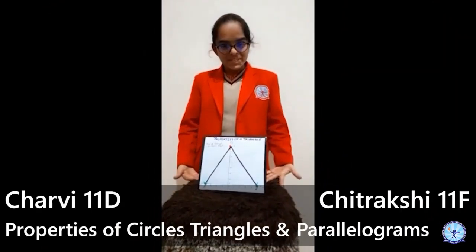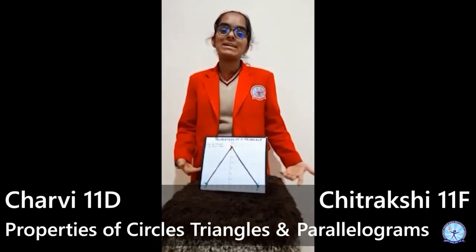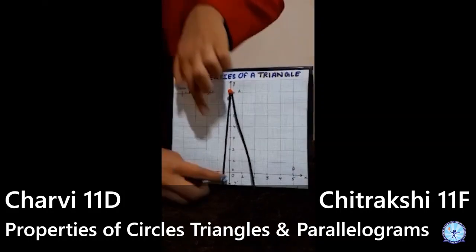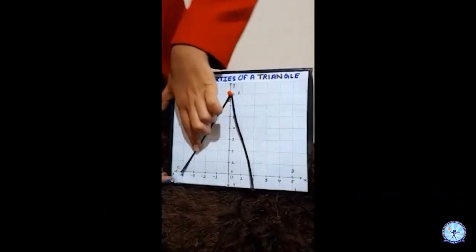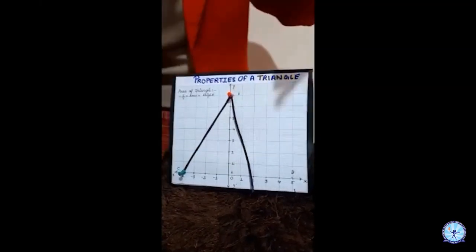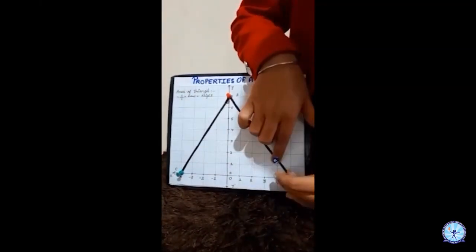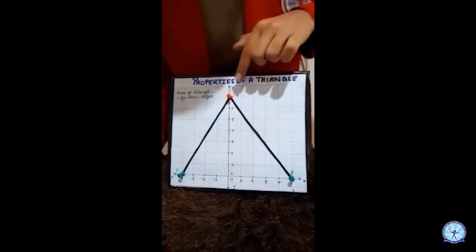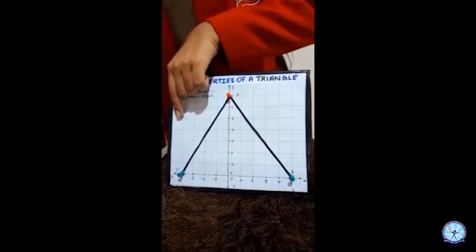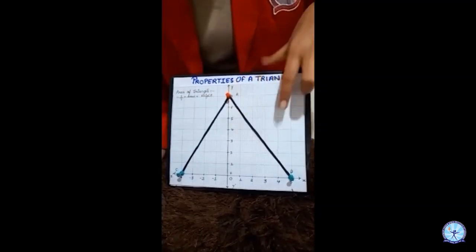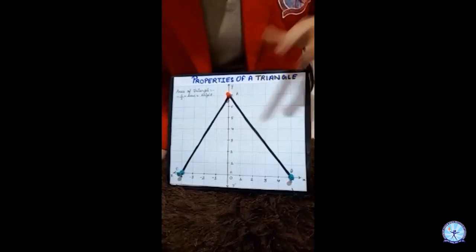This is an activity related to the areas of two triangles with the same height and different bases. Here we will be constructing two different triangles. The height of both will remain 7 units, and the base of one is 4 units and of the other 5 units. So we created two different triangles, ABC with base 4 units and height 7 units, and ABD with base 5 units and height 7 units.